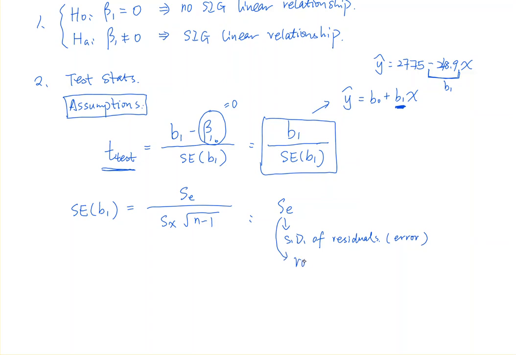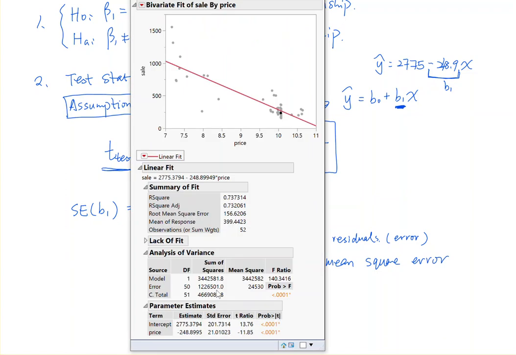It is called the root mean square error. Now let's look at our output. We will see this row. It shows the root mean square error equals 156.6206. That means this value is just SE, which is the standard deviation of residuals.